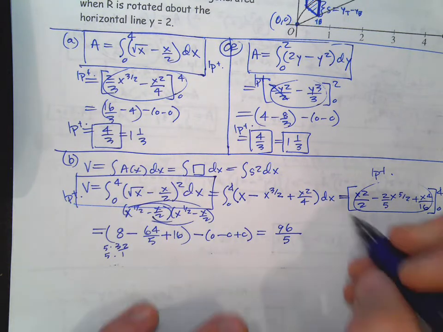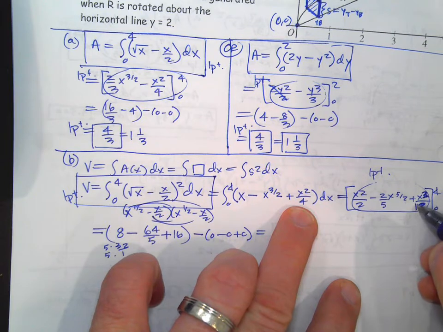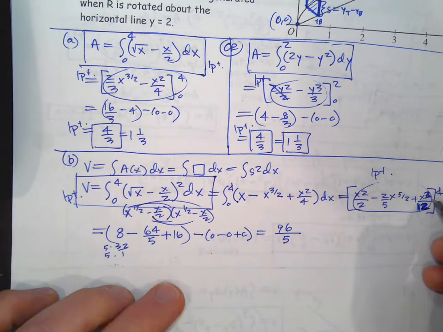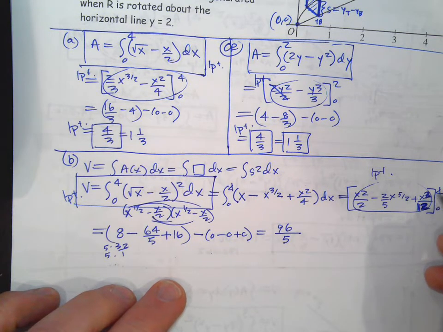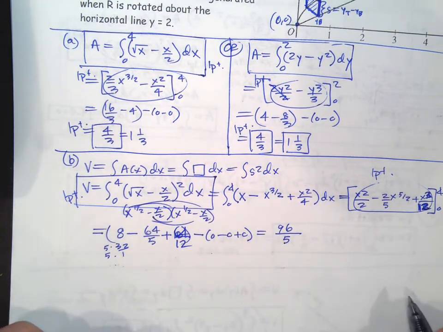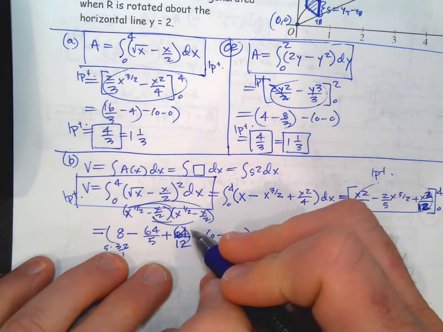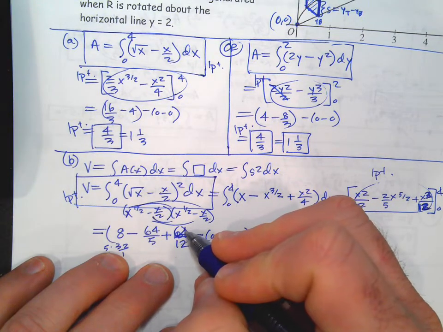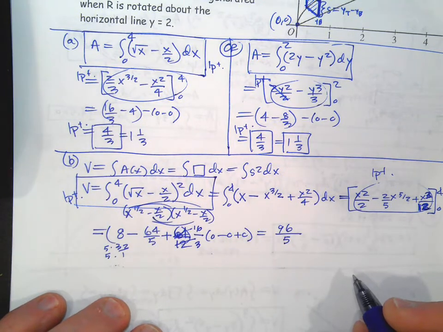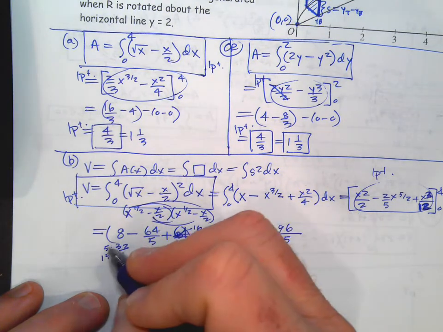Oh, shoot. This is x cubed over 12. What did I do? x cubed over 12. I like squared it again. So that should be 64 over 12. Now I guess I would have lost potentially 2 points. We could take a 4 out of this. That's 16 over 3. So the least common denominator would be 15.